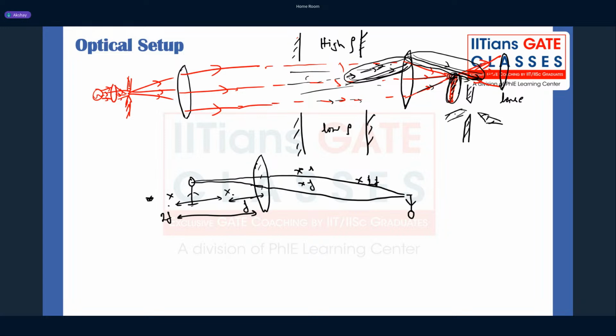Depending on whether you make a horizontal cut or a vertical cut, you can have the x gradient of sensitivity, that is ∂ρ/∂x, or the y gradient, that is ∂ρ/∂y. So you can have either ∂ρ/∂x or ∂ρ/∂y, depending on the direction in which you are cutting the light rays, in the x direction or y direction, horizontally or vertically.